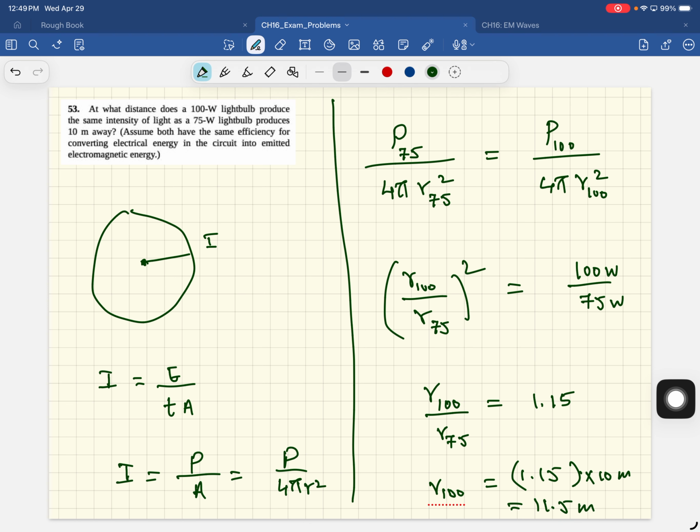All right, so a 100-watt bulb will produce at 11.5 meters the same intensity of light that a 75-watt bulb will produce at 10 meters.